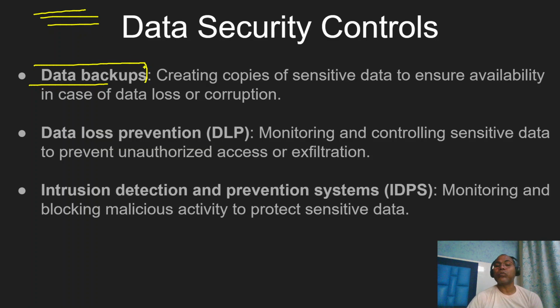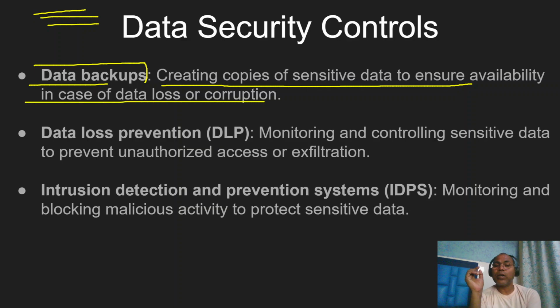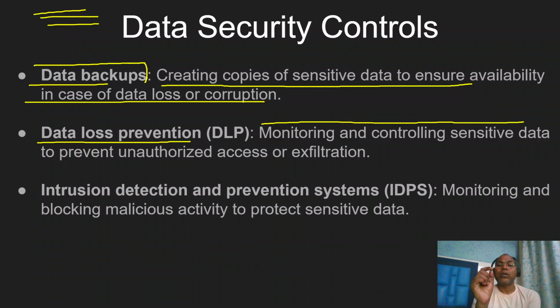We have to restore it. So creating a backup copy of sensitive data also ensures availability in the case of data loss and corruption. There are lots of ways of data loss prevention. How to do it? You have to monitor and control your sensitive data to prevent unauthorized access from anyone.